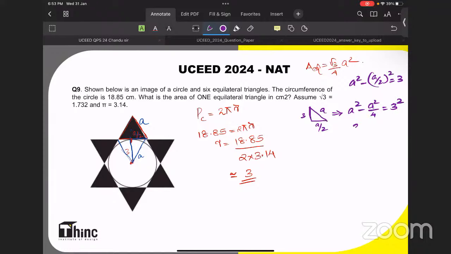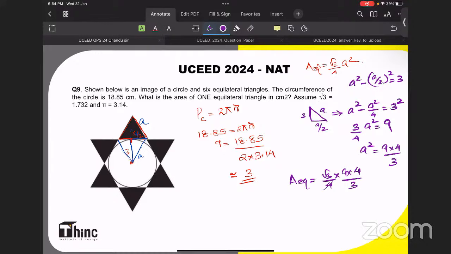So 3 by 4 A square equals 9. So A square equals 9 into 4 by 3. Now take it to the area of the equilateral triangle. So root 3 by 4 into 9 into 4 by 3.